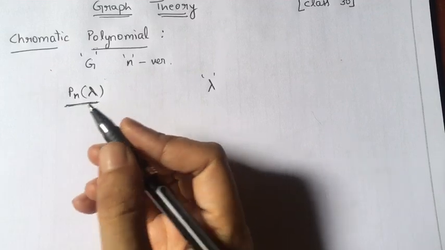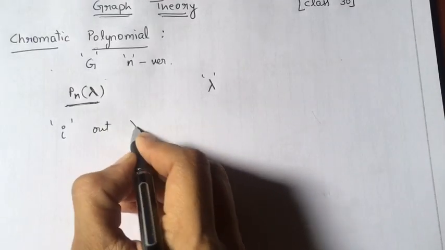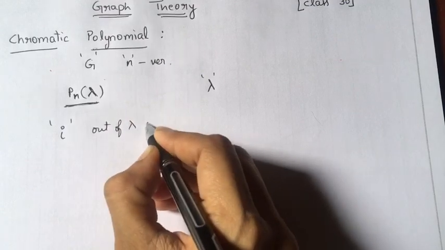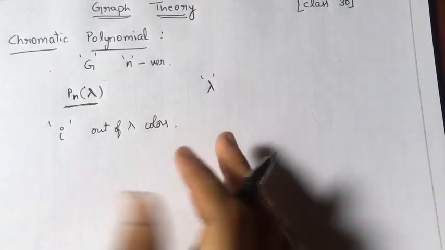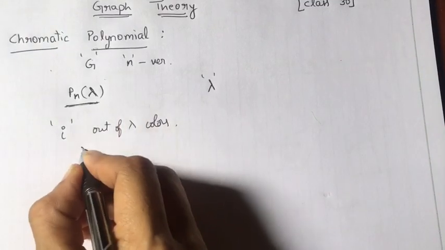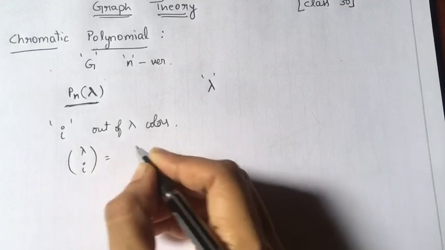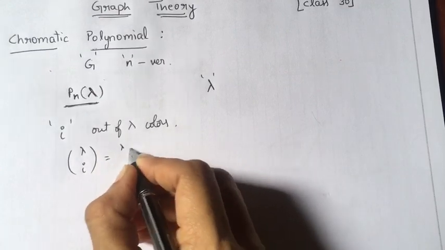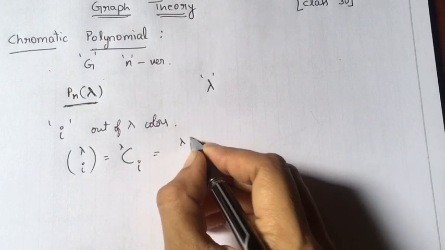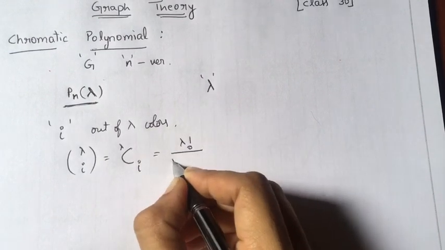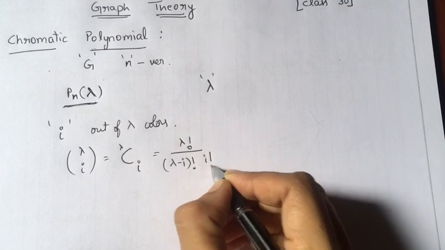Suppose I have to choose i colors out of lambda colors. How many different ways can I do it? I can do it in lambda C i ways, which is nothing but lambda factorial divided by lambda minus i factorial into i factorial.